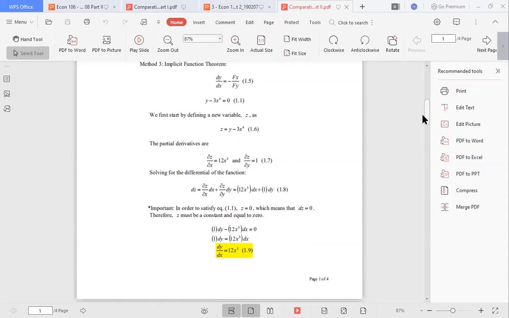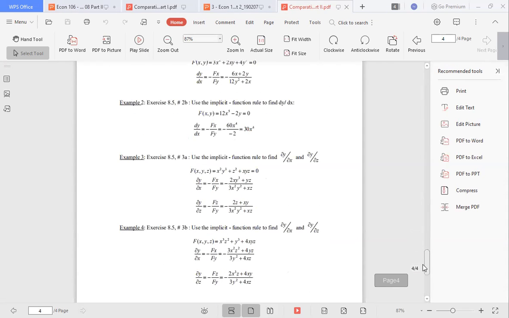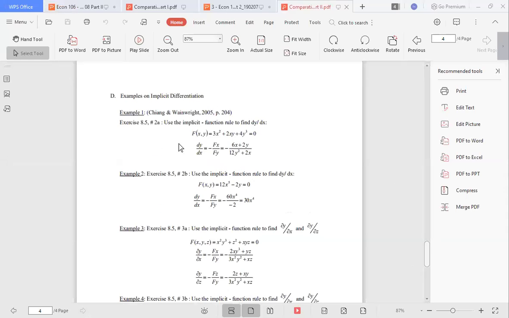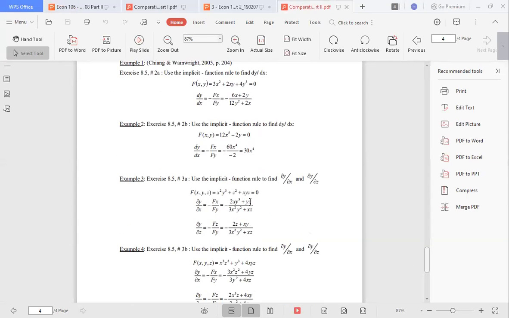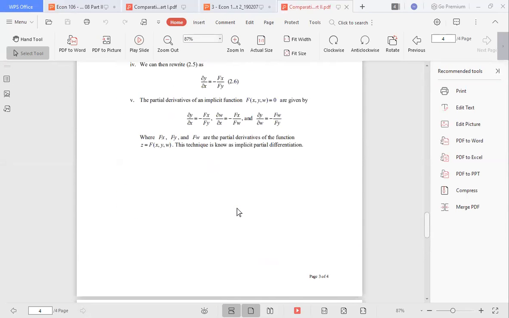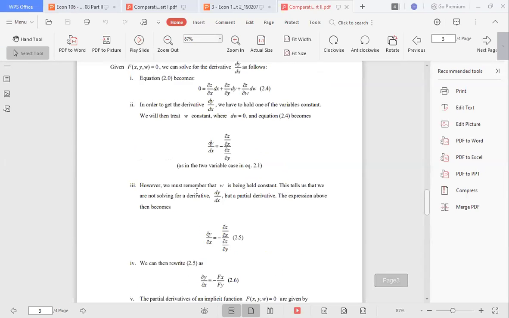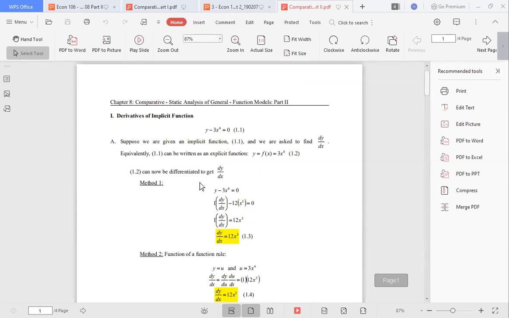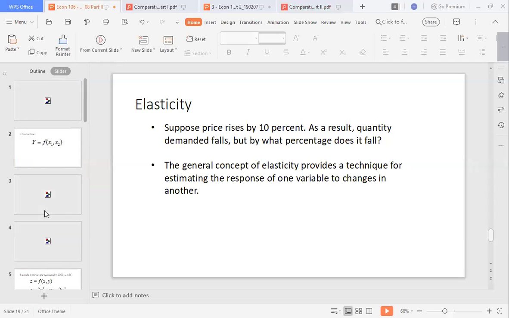As you can see, class, chapter 8 is a bit long, but for this implicit differentiation, you'll find it a bit more comfortable because there is a straight method for this one. Anyway, I'll be expecting your answers for the next meeting, and that's it for today. You may already go. Thank you po, ma'am. Thank you ma'am.